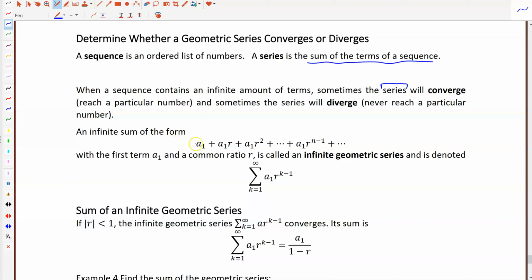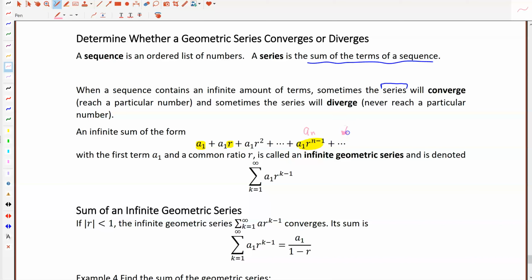If we have an infinite sum of the form, so notice this is your geometric series, where there's your first term, every term after that you're multiplying by r, and this is your generic nth term in your geometric sequence, and you're going to add up all those terms and form a series, and you're going to keep going on forever.